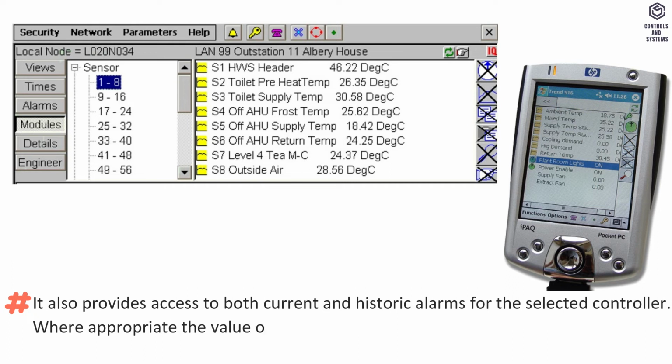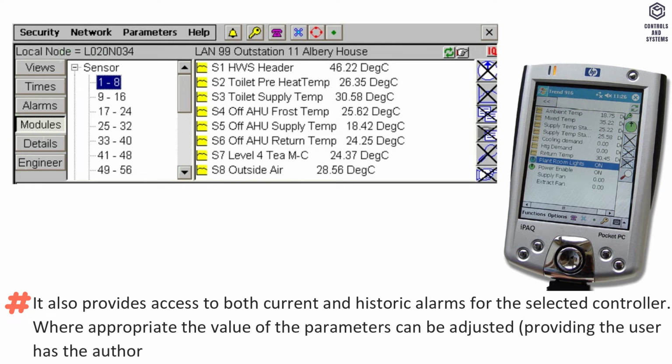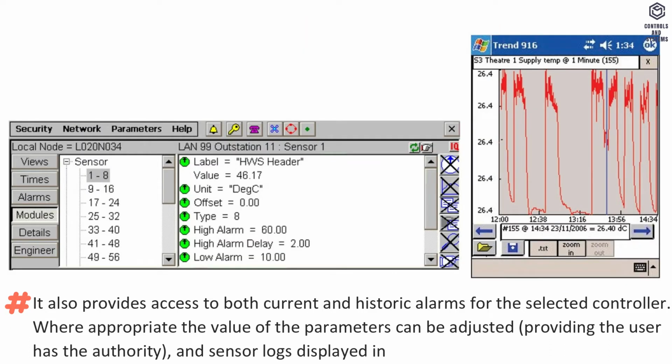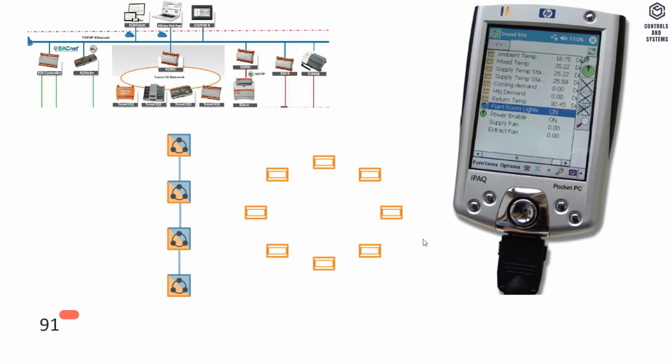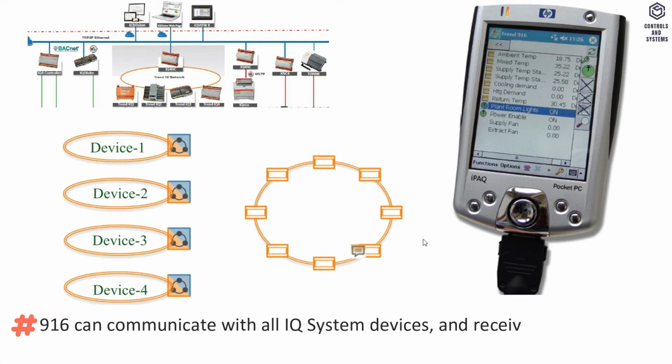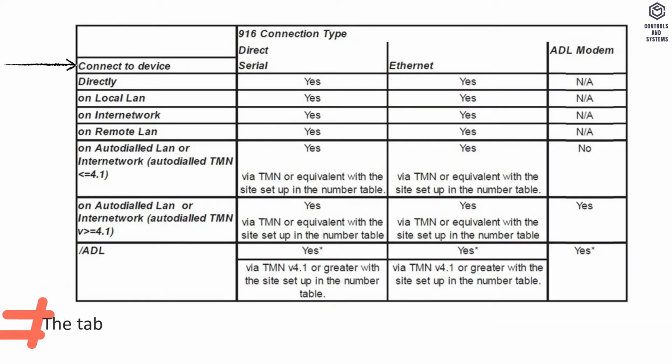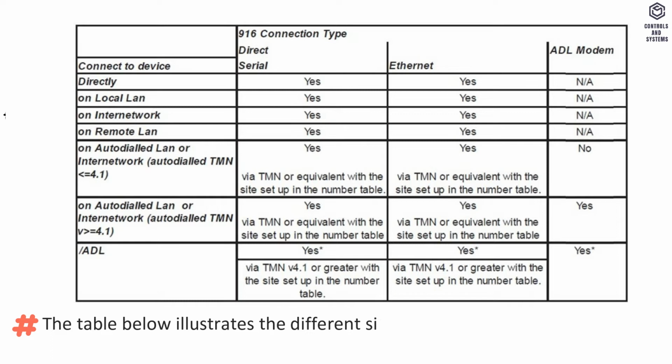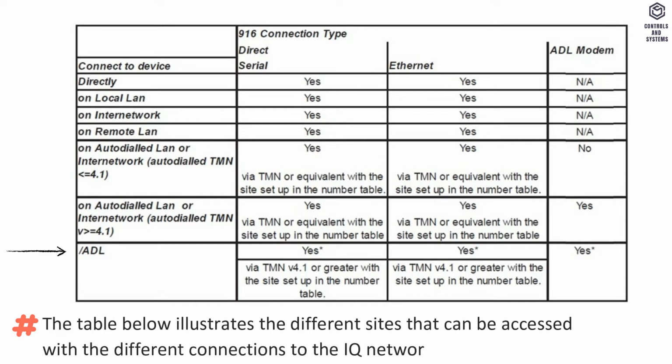Where appropriate, the value of the parameters can be adjusted, providing the user has the authority, and sensor logs displayed in graphical format. Compatibility. 916 can communicate with all IQ system devices, and receive or adjust values from any controller. The table below illustrates the different sites that can be accessed with the different connections to the IQ network.